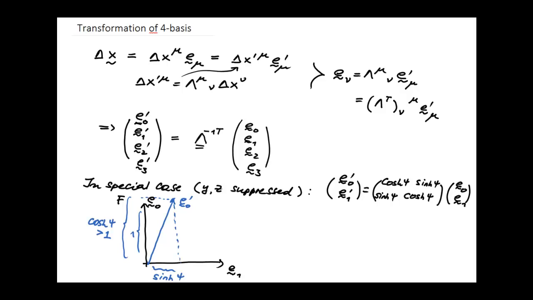This is what the equation tells us for the basis vector. It's hyperbolic cosine of psi times E0 plus hyperbolic sine of psi times E1.